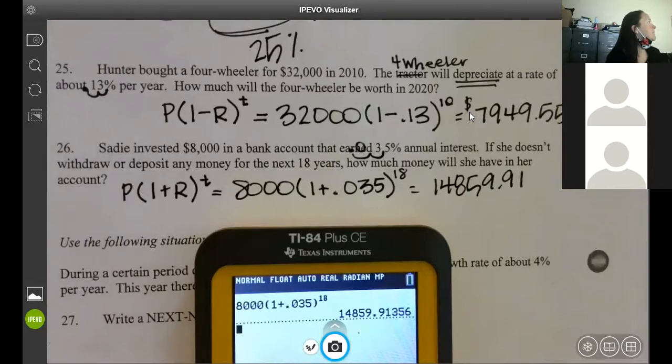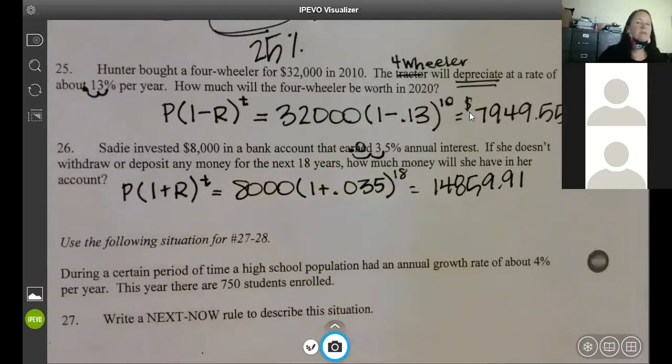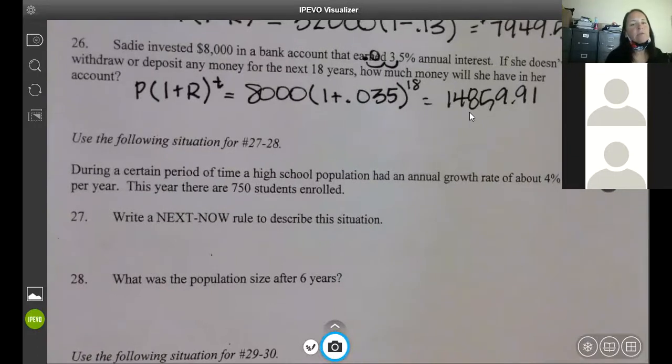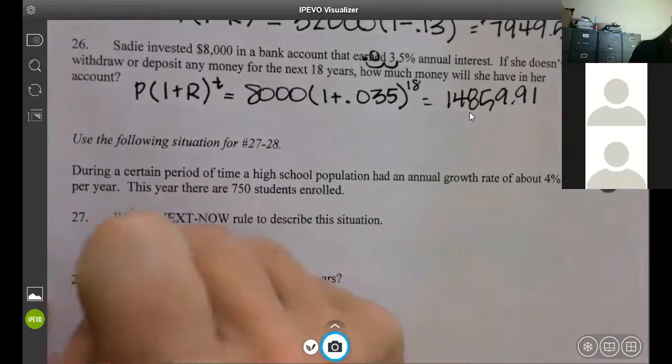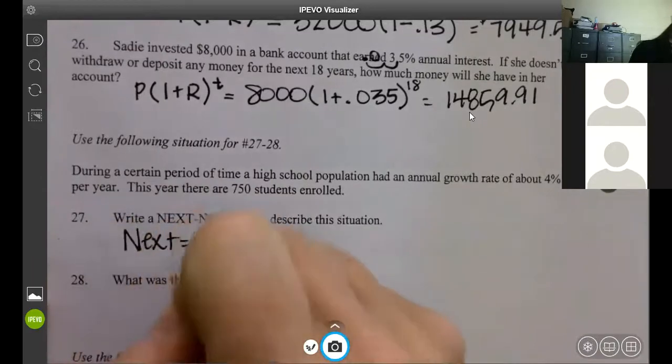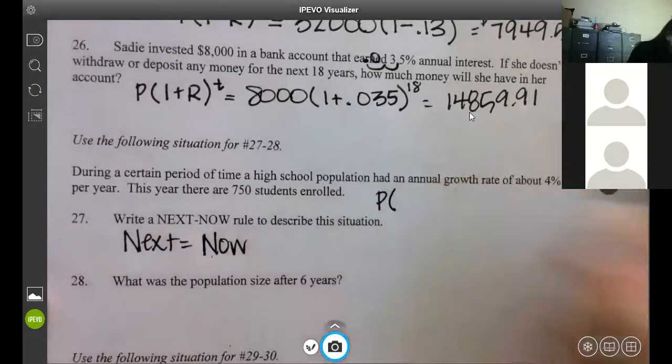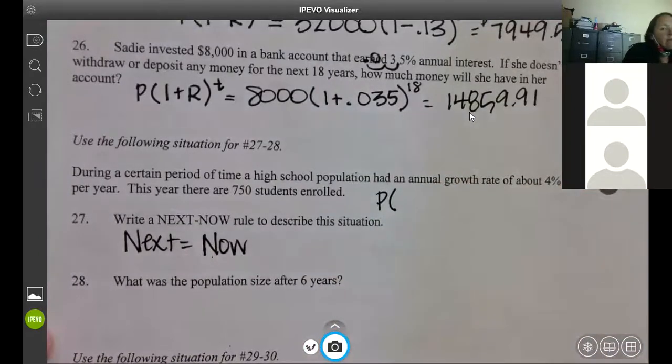Everybody got it? Okay. During a certain period of time, a high school population had an annual growth rate of about 4% per year. This year, there are 750 students enrolled. Write the next-now rule to describe this situation. So next equals now. What I want to do first, though, is write my, is it growth or decay?